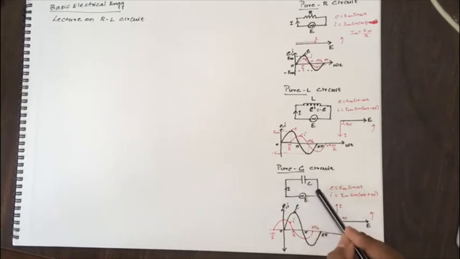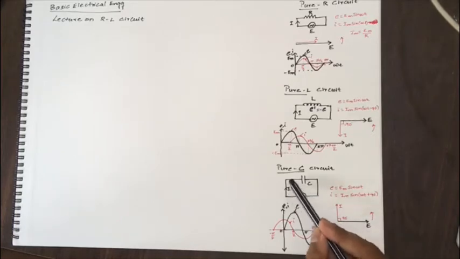Because there is no other element in the circuit that can create a drop, this capacitance will charge to the maximum value of E. Therefore any further change in the voltage is opposed by this capacitor.